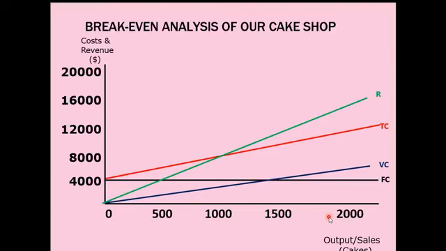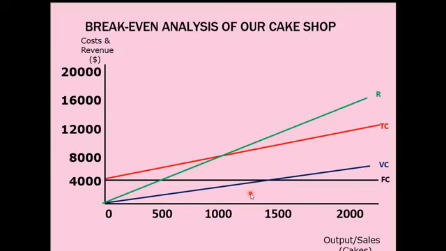Now, what is break-even analysis? Break-even is the point at which total cost equals total revenue. From this graph, we need to ask ourselves the question, where does the total cost line meet with the revenue line? And that is the break-even point.